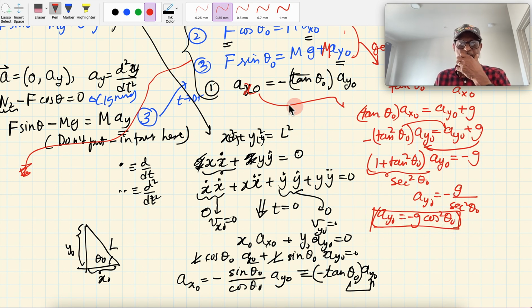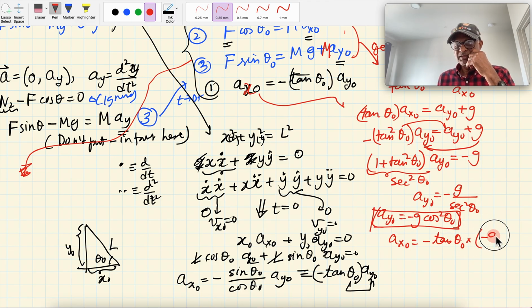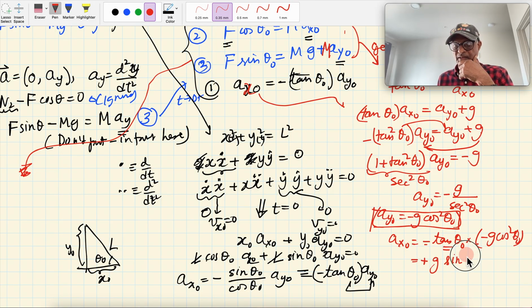And of course, putting it over there, I get a x0 equals minus tangent theta 0 times minus g cosine squared theta 0. One of the cosines will cancel, and the minus becomes a plus: g sine theta 0 cosine theta 0.